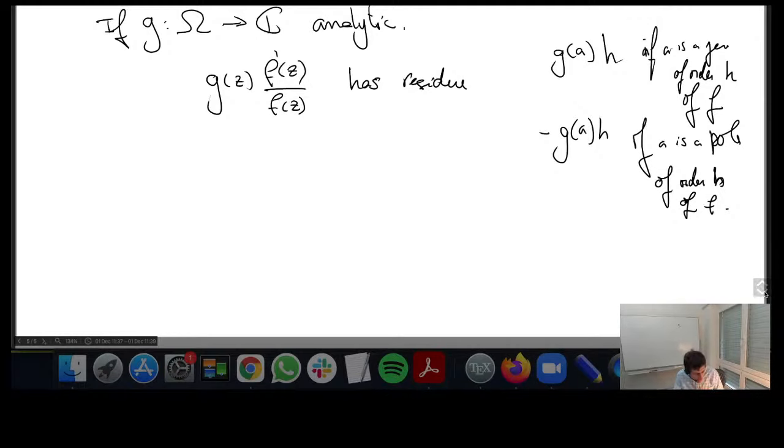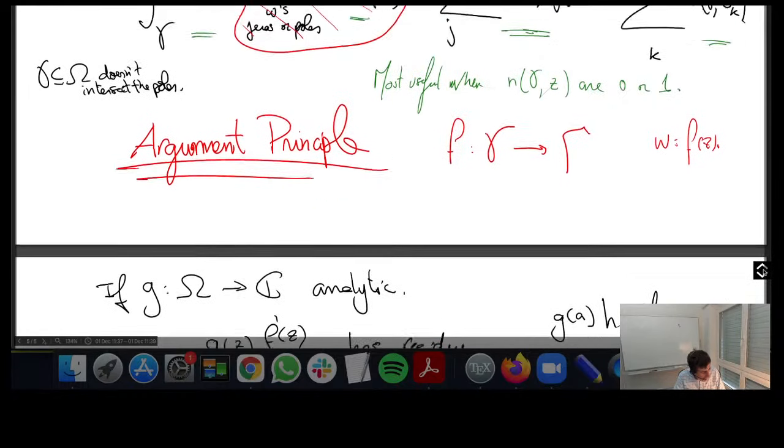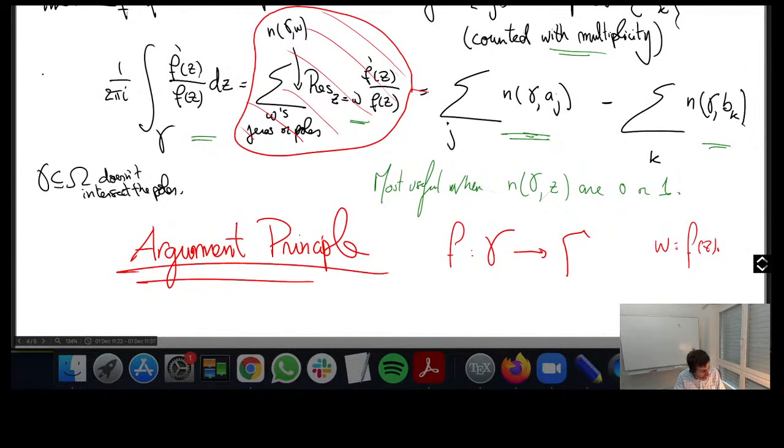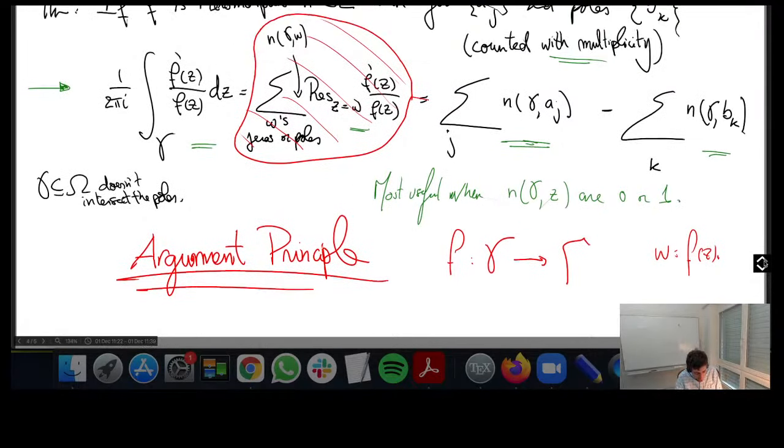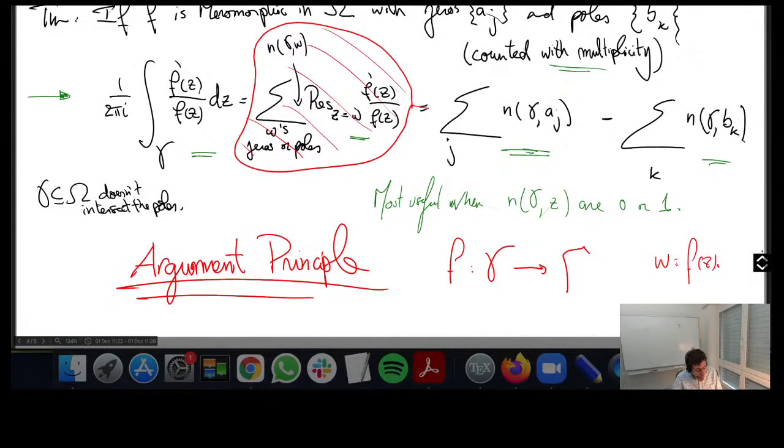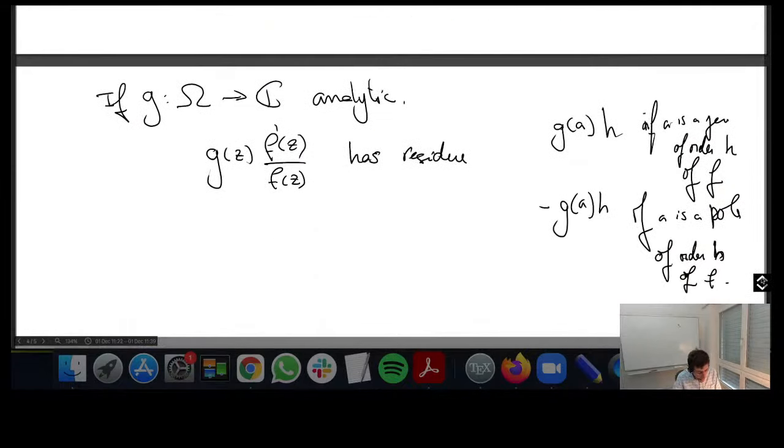Now you can get very nice formulas. You can use this theorem and add a function g of z hitting the logarithmic derivative, and what you get on the other side is the values of g at the zeros and the poles, so it can tell you quite a few things.